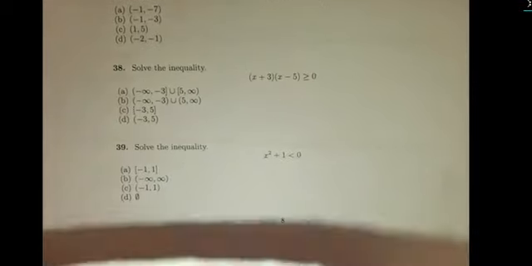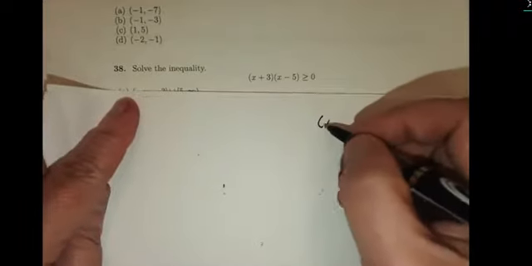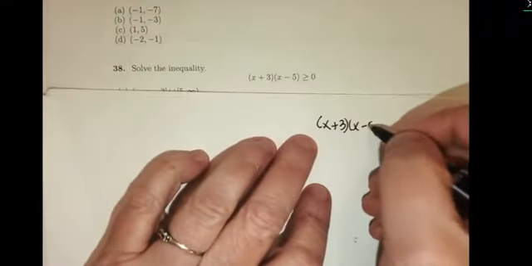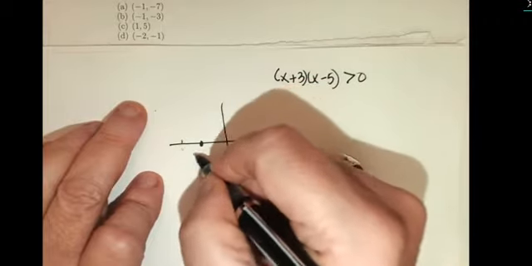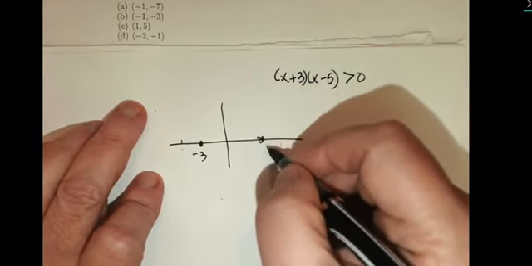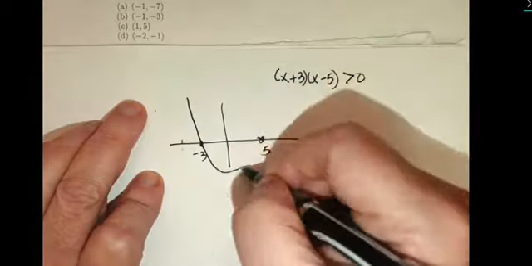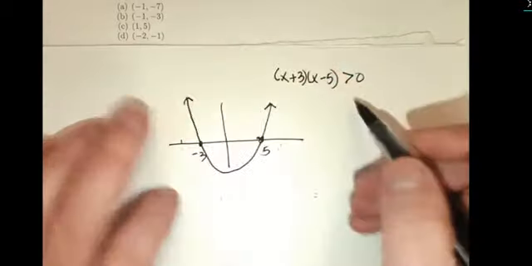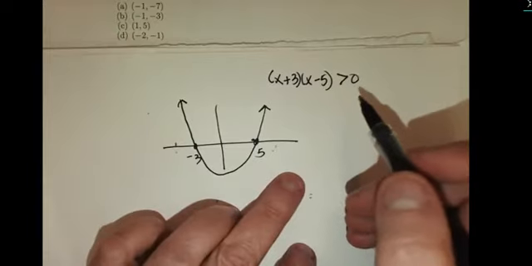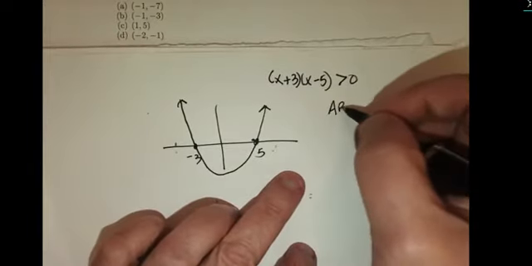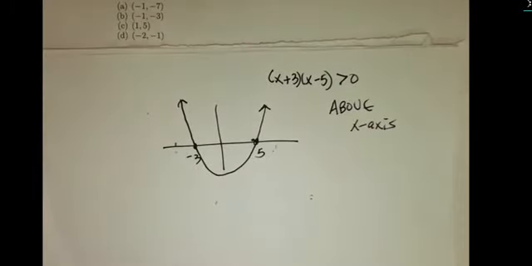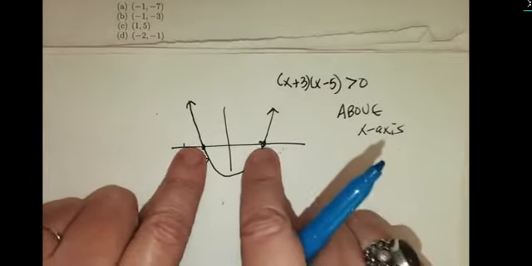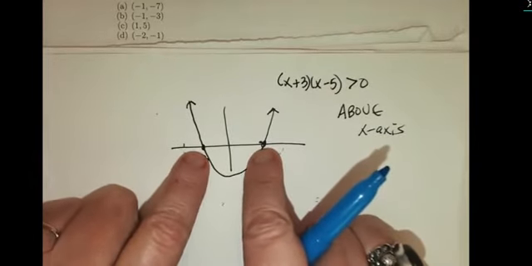So what if you had gotten the question, where does that happen? Okay. Well, we have the same picture. Not the same picture. But now, if this is the symbol, we only want where is it strictly above the x-axis. Where does that happen? And it does not happen at the x-intercepts because it's on the x-axis.